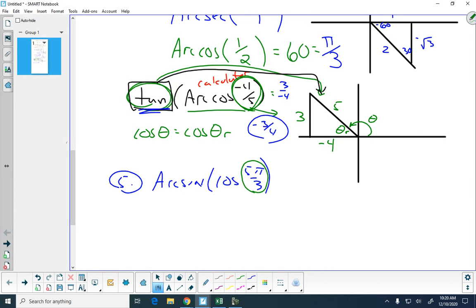The cosine of 5 pi over 3, first convert 5 pi over 3 to a degree measure. What is 5 pi over 3 in a degree measure? Isaac Phillips, what would that be?